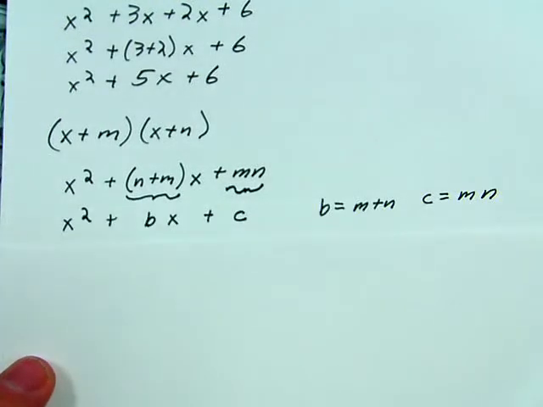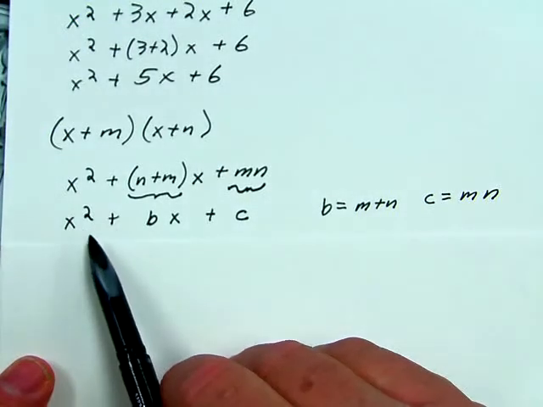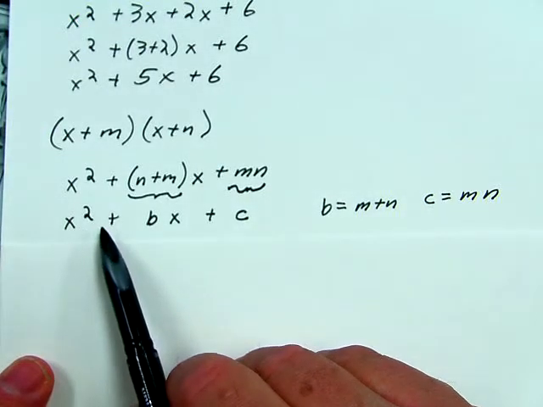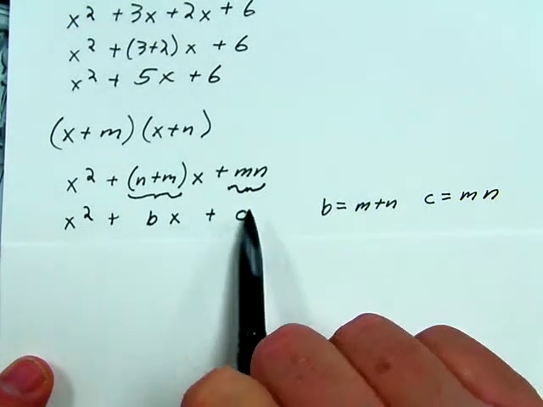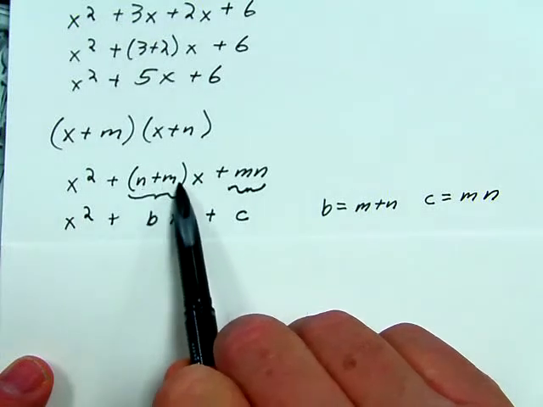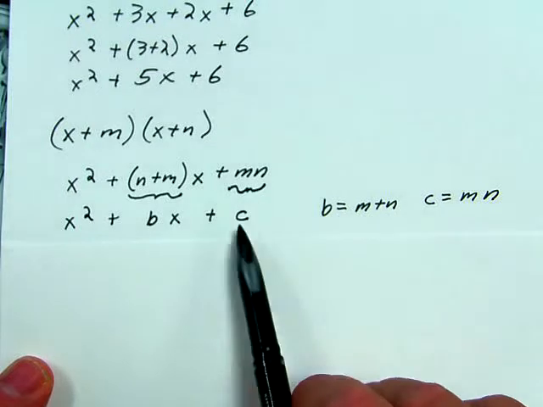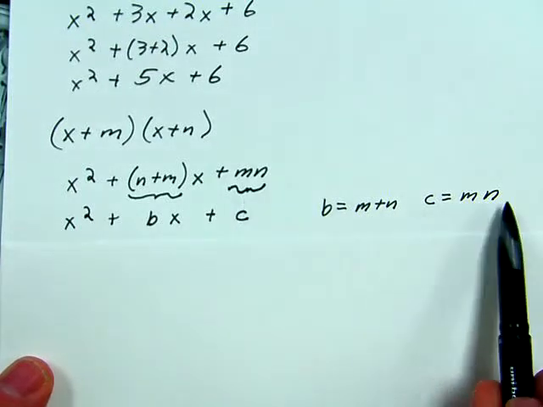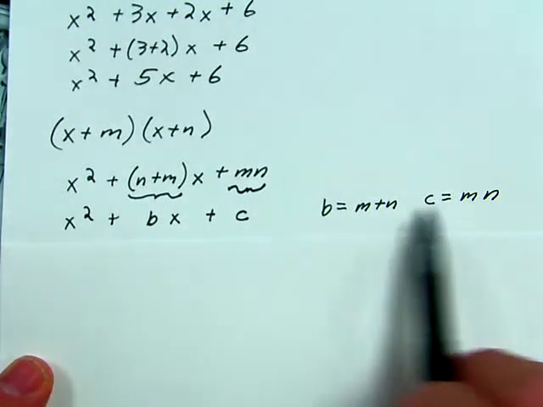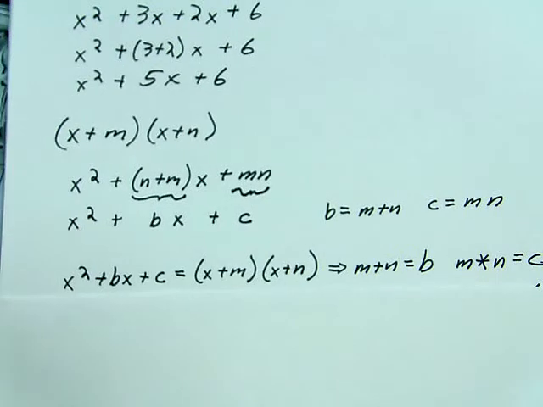So if you look at this in the form of x squared plus bx plus c, you'll notice that b takes the place of m plus n, and c takes the place of m times n. Since you know that's the pattern, we can start building some equations.